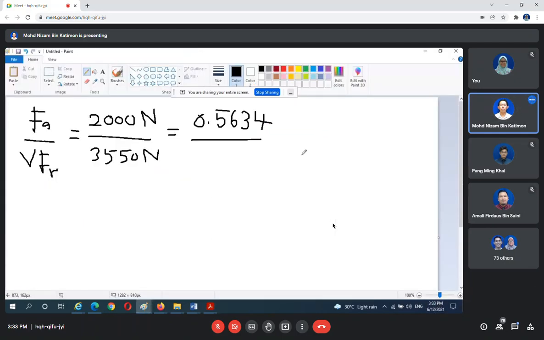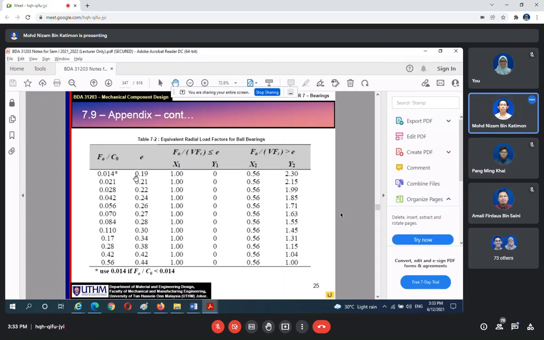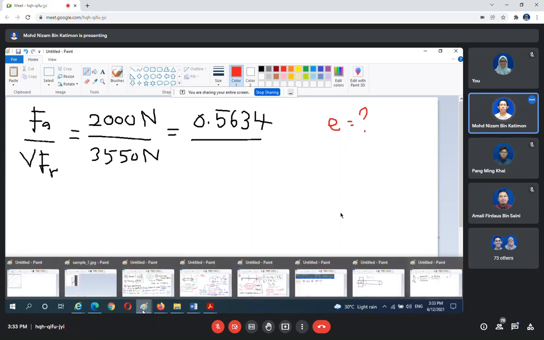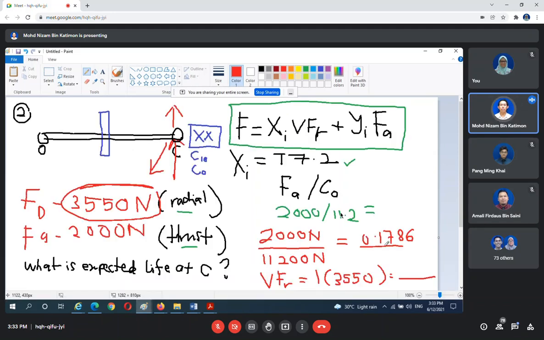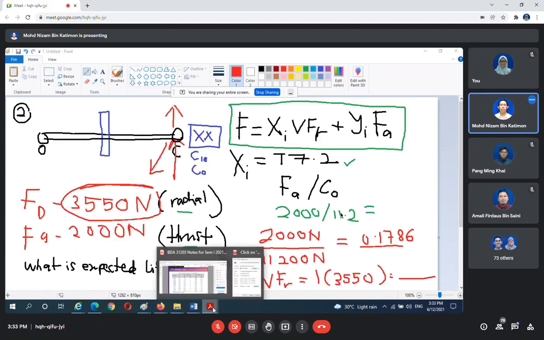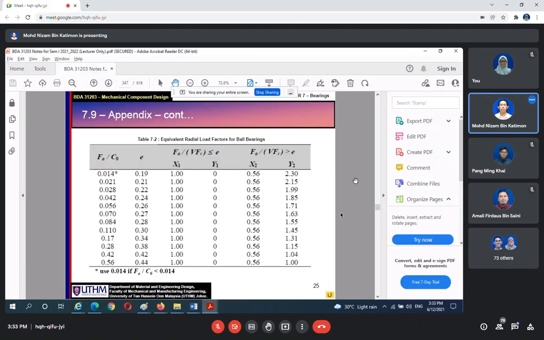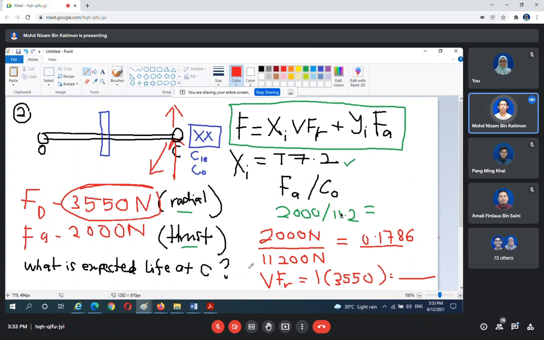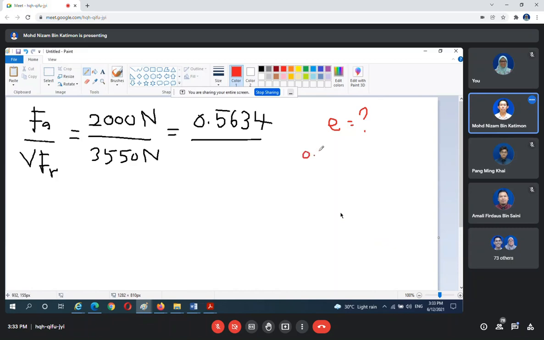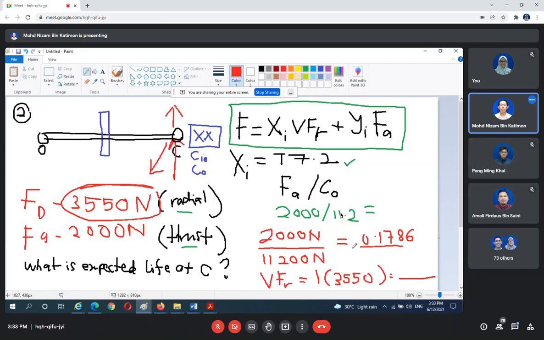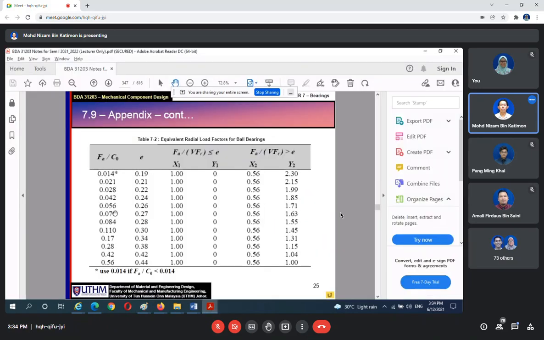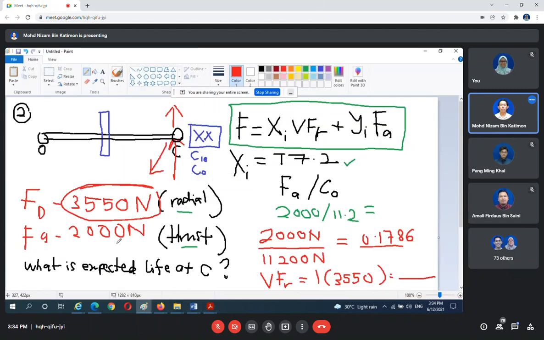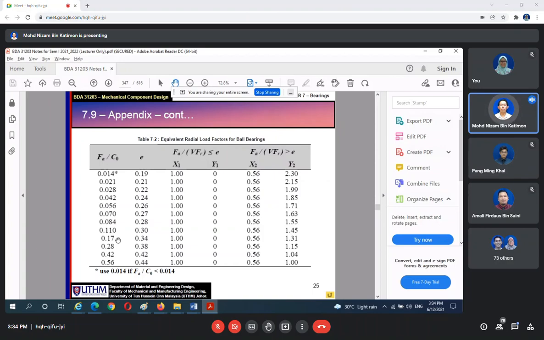Okay, what is the value of E? Can you define E? Just now, what was the value of FA over CO? 0.17.